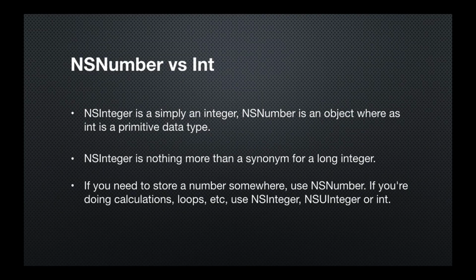Okay, NSNumber versus int. We will not just cover NSNumber and int, we will cover NSInteger as well. NSInteger is simply an integer, and NSNumber is an object, whereas int is a primitive data type. NSInteger is nothing more than a synonym for long integer. So there's basically no difference between NSInteger and integer.